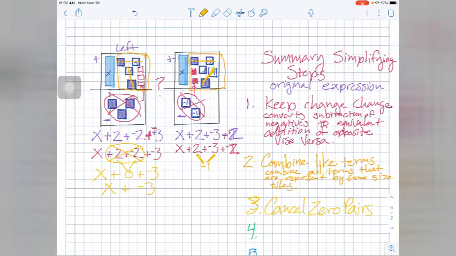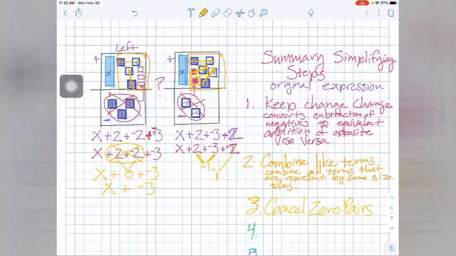But then this -1, the one that's just left, when it comes in contact with this +2, that also is going to cancel out. There's a 0 pair right there. And what gets left is, when 2 comes in contact with -1 and you add them together, you have 1 left. And that is this little square right here.